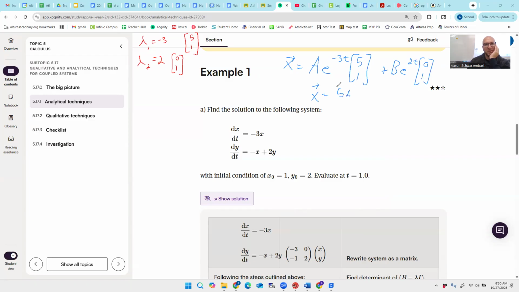So if I multiply this out into vector format, I take this thing multiplied by the 5 plus this multiplied by the 0 for the first line.